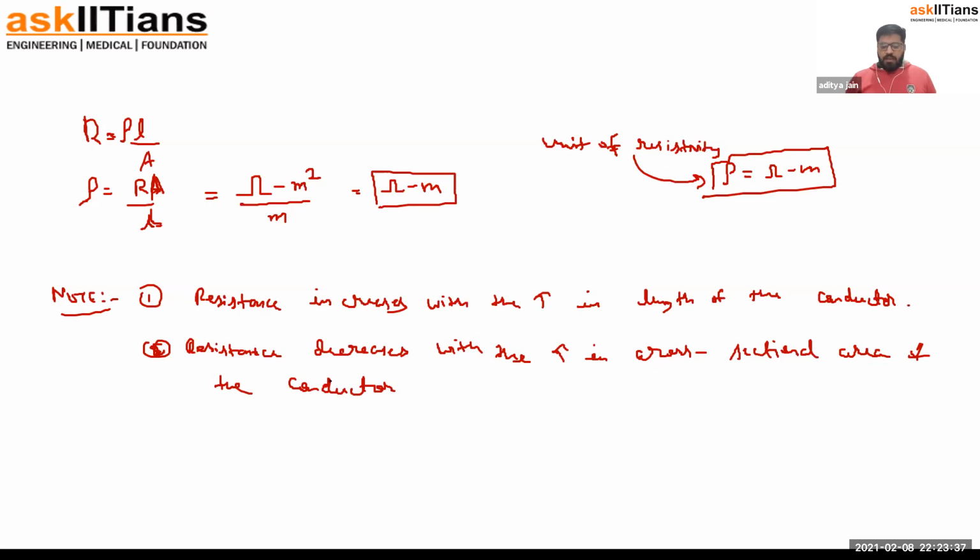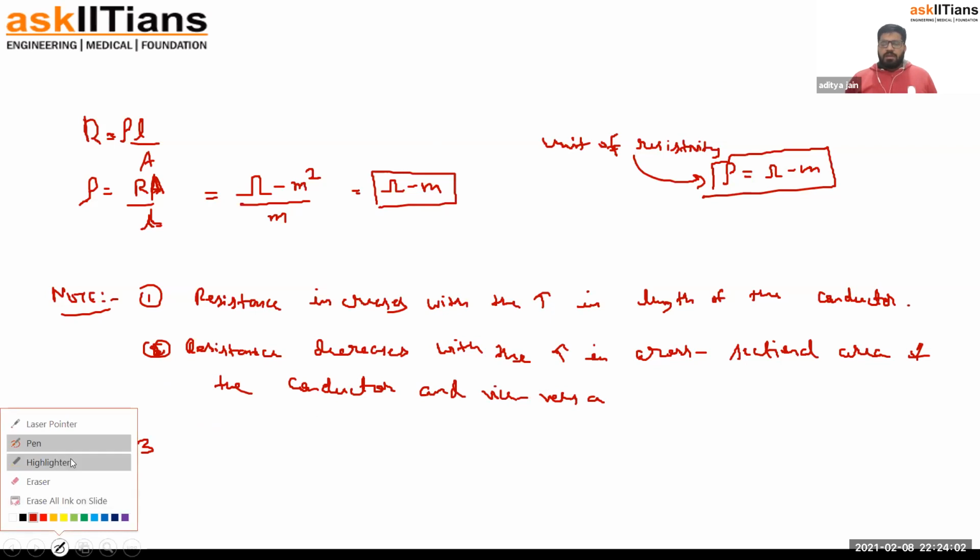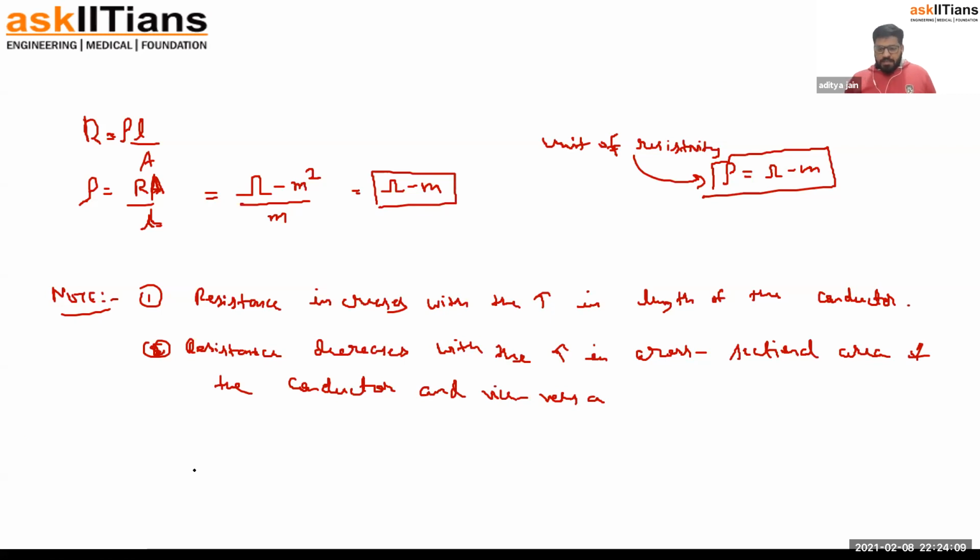If cross-sectional area increases, resistance decreases, and vice versa: if cross-sectional area decreases, resistance will increase. That is known as inverse relation. Okay? So these are the two important points, and you all know resistance also depends upon the material of the conductor. Which property shows the material of the conductor? That property is the resistivity. So resistivity depends upon the material of the conductor. So I think this is clear on what factors resistance depends.